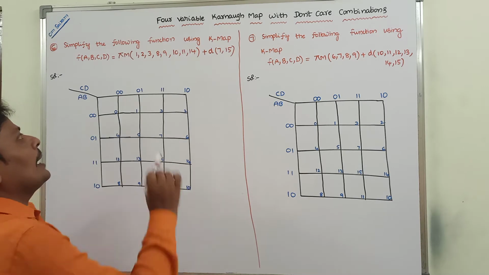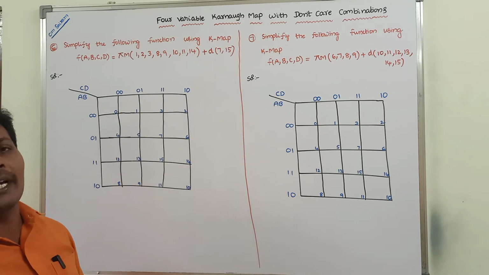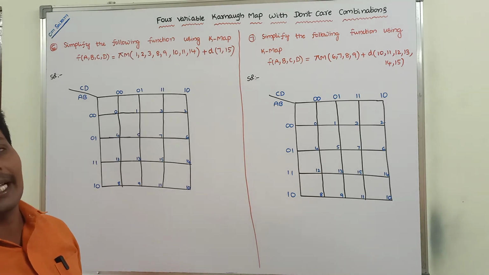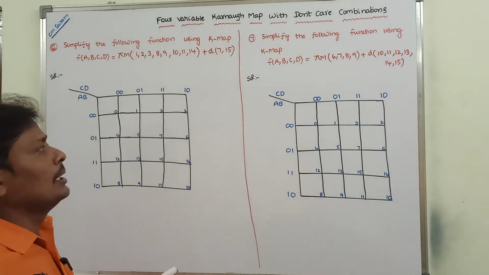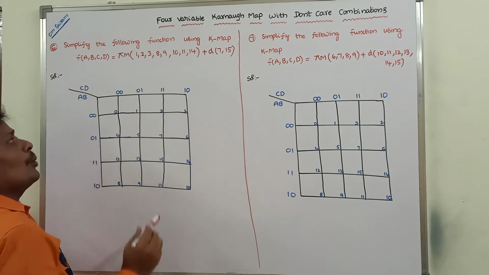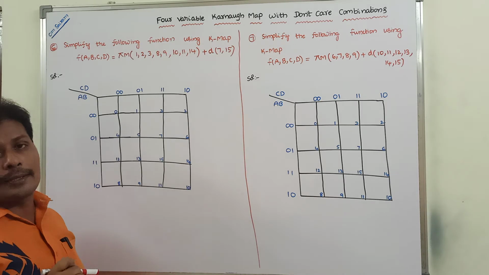In SOP, each don't care combination can be taken as 1. In POS, each don't care combination can be taken as 0. This is the most important point. Here max terms are given, so each max term can be denoted by 0.